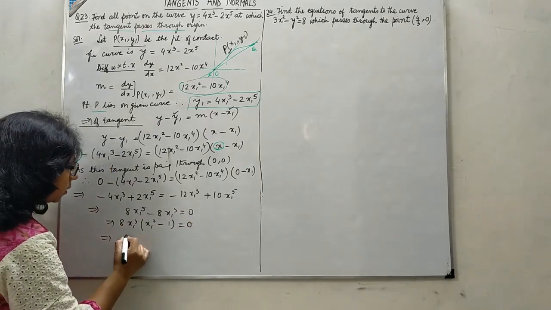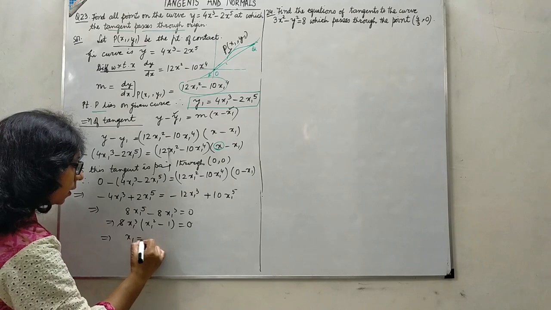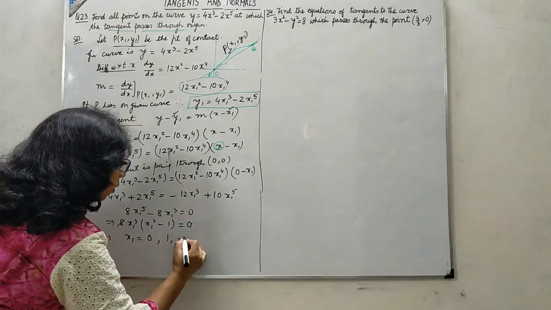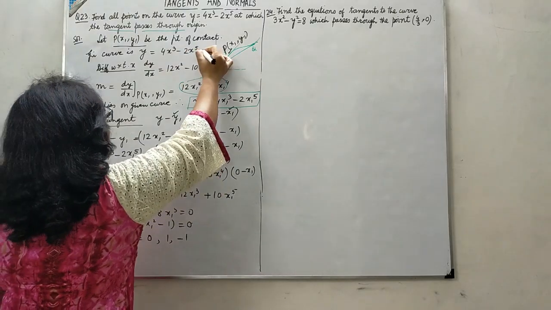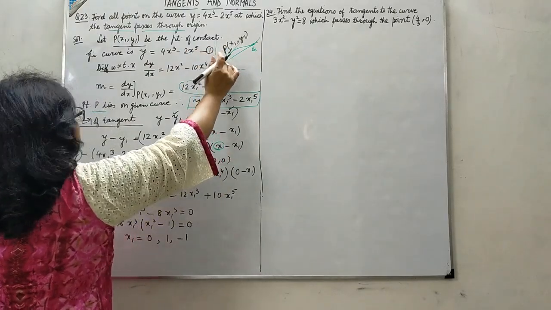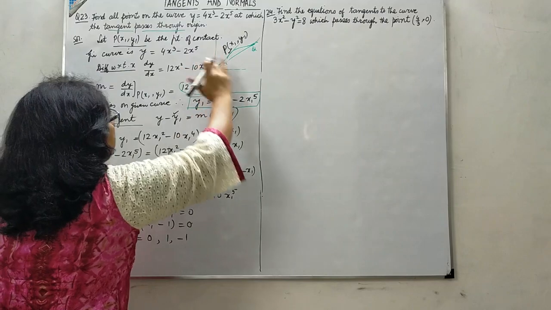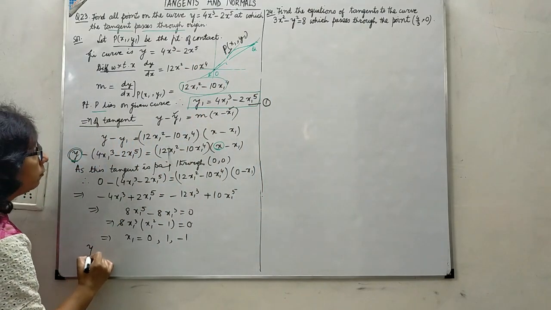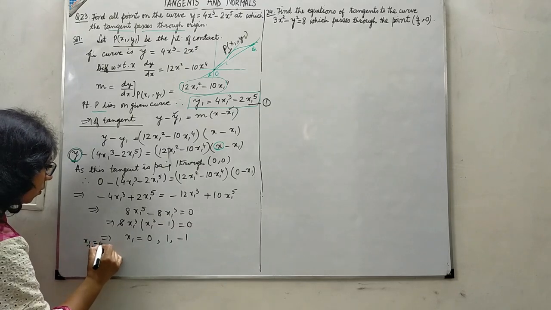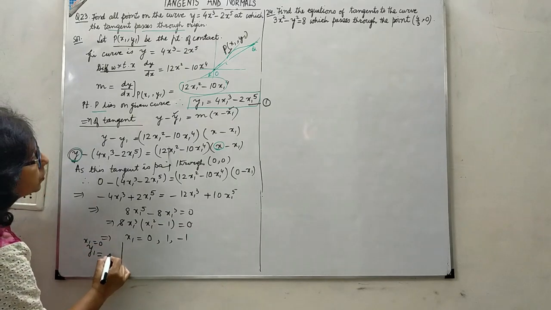From here, x1 can have the values 0 or 1 or minus 1. Now, substituting this value in the given curve equation, let me take this as 1. So when x1 is 0, then y1 will become 0.